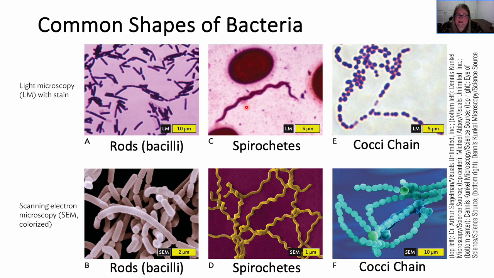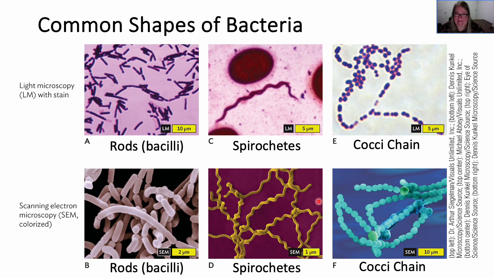If you remember the case study about the stockbroker from Chicago that got syphilis, syphilis is a spirochete. And then finally, the last shape of bacteria that we have is the cocci shape. These are the round, spherical microbes. Okay, so these top images are from a light microscope with stains, and these bottom ones are from a scanning electron microscope.